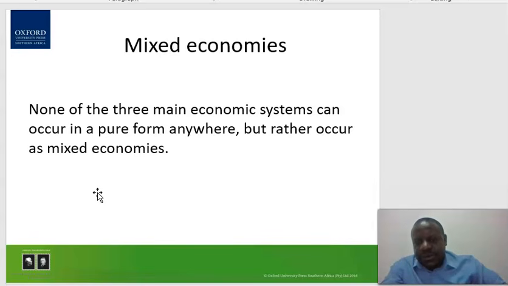So none of those three main economic systems can actually occur in a pure form, but rather they occur as mixed economies. So you may find a bit of socialism mixed with a bit of free market system, or a bit of command economy mixed with a bit of free market system.